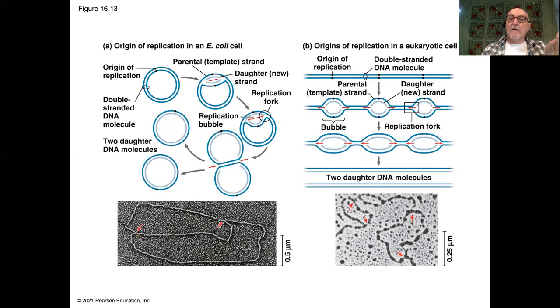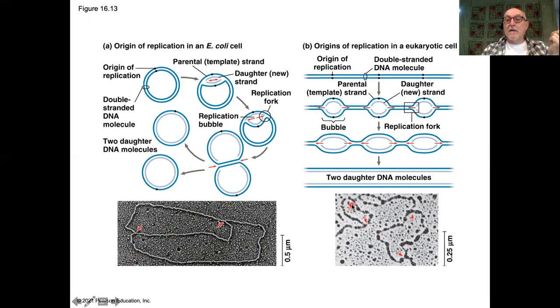On the eukaryote chromosome, there are several origins of replication. So here's an origin here, and here's the replication fork on that side. Here's the replication fork on that side. Replication is proceeding in that direction and in that direction. And it's eventually going to meet up with the replication fork coming in the opposite direction there.